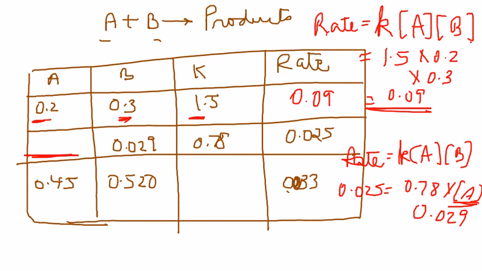So solve for A. The value of A comes out to be 1.105. And plugging in the value of A, B, and the rate, you can calculate just the same way as we have been doing. The value of K comes out to be 0.14. All right, let's go forward.